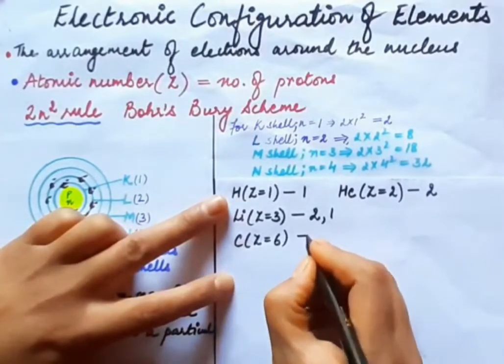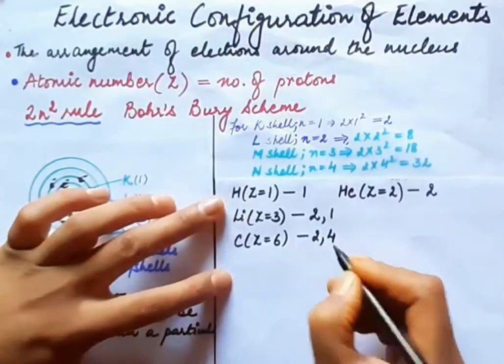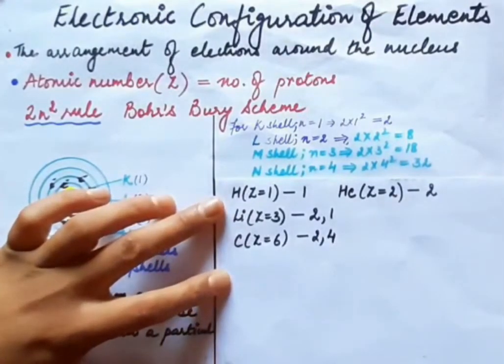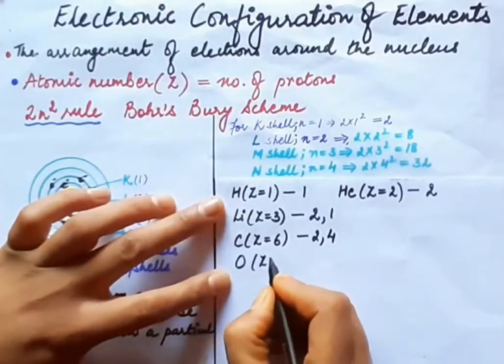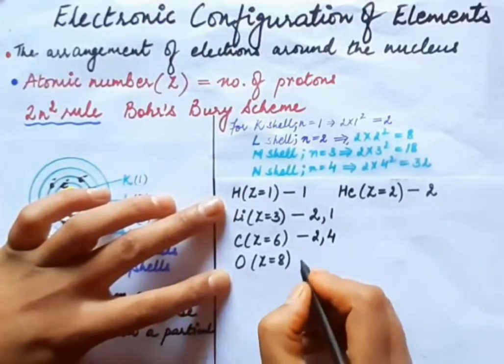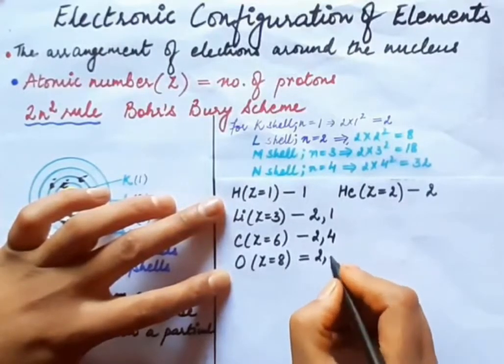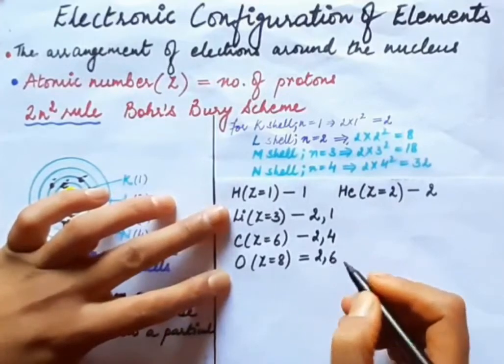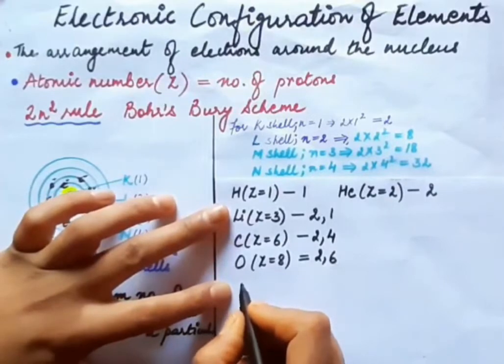So now when we write down the electronic configuration, this becomes 2, 4. Now from carbon we move on to oxygen. Atomic number of oxygen is 8. Electronic configuration now changes to 2, 6.